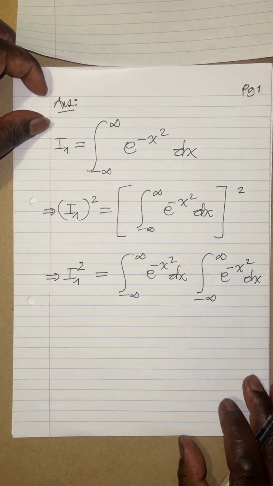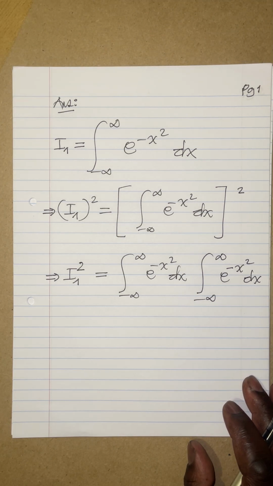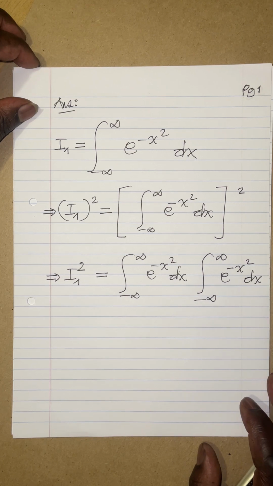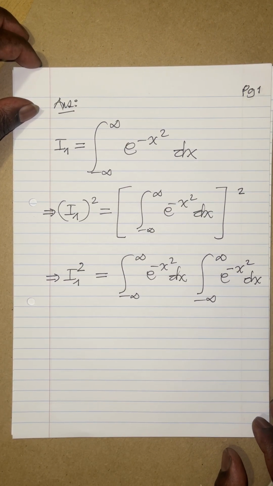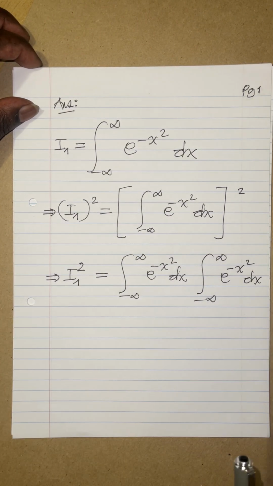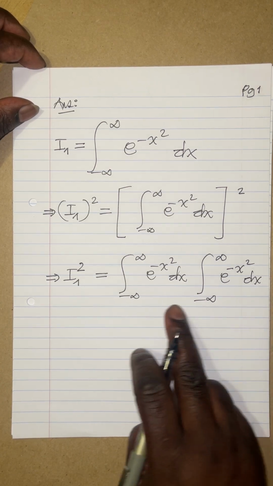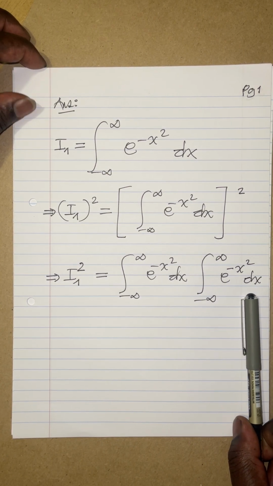Now, considering the fact that x is a dummy variable, in other words, you can actually change it to any other variable, because this is a definite integral where we have limits of integration indicated from minus infinity to positive infinity. In other words, integrating this expression over the entire x-axis. And therefore, on the right-hand side here, we can change the variable in the second part from x to y.